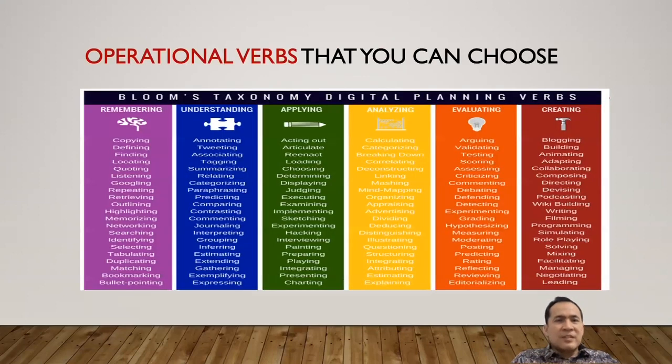So these are the verbs that can be used from remembering to creating. Just have a look at this. There are so many books talking on this. You can search in Google and try to find the verbs from Bloom's taxonomy.